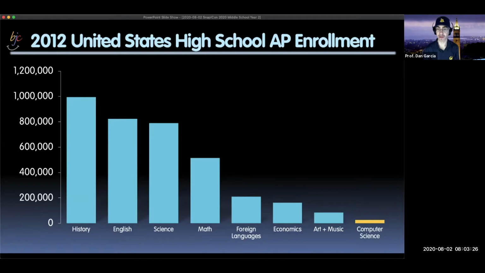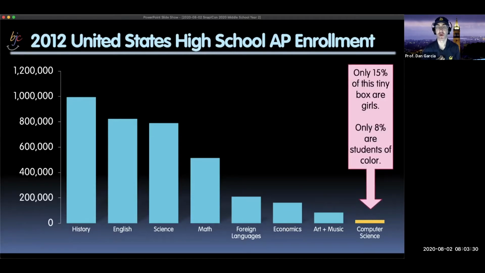We needed to have more students learning it. It was still one of the smallest high school courses, and even so, it was one of the least diverse courses in all of high school. 8% students of color, where in the United States it should be about 26%, and only 15% girls, where it should be much higher than that as well.